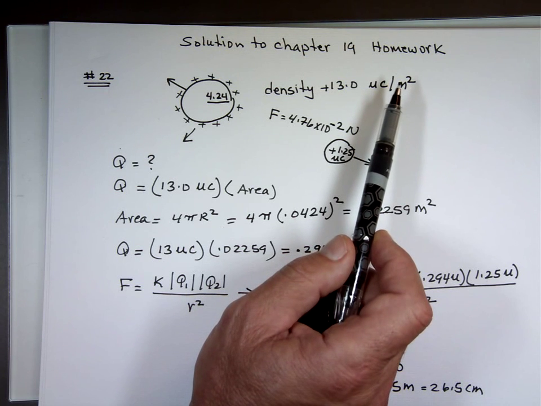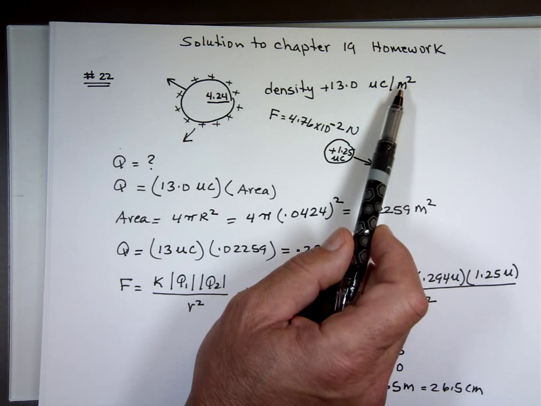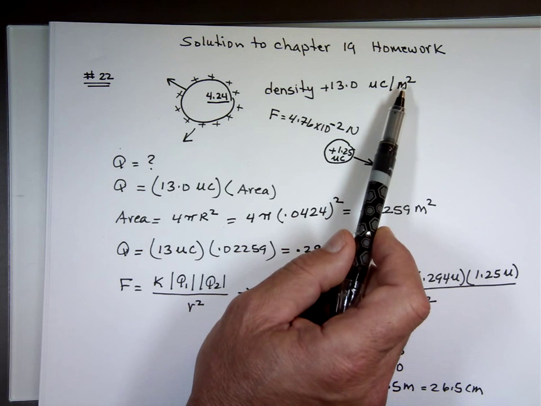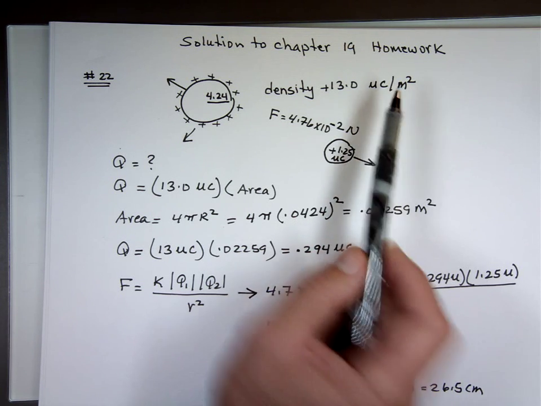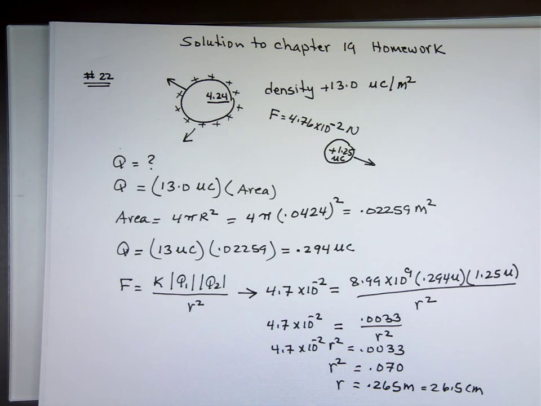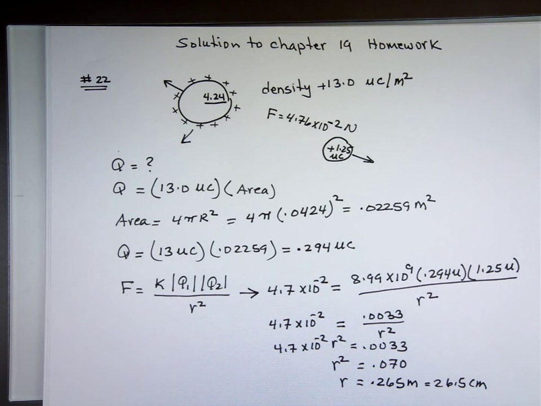Cube, the unit for volume. So this is per meter squared, which means per area. So that's number 22.